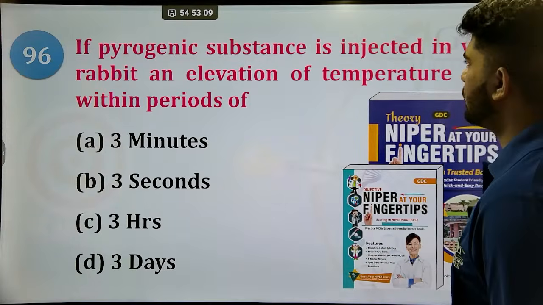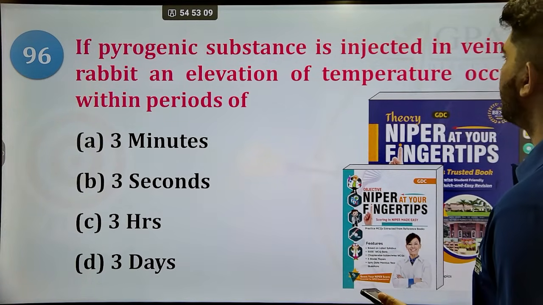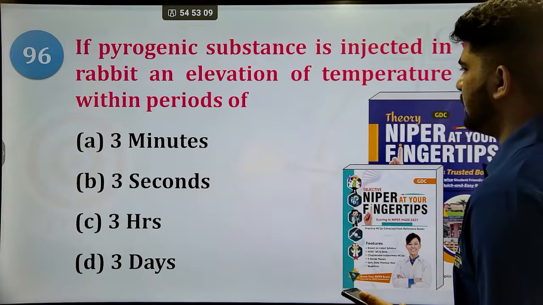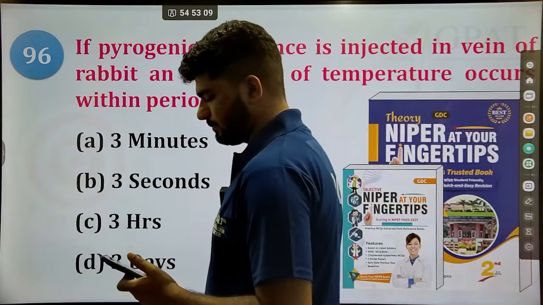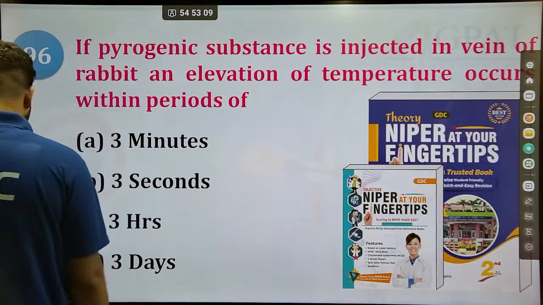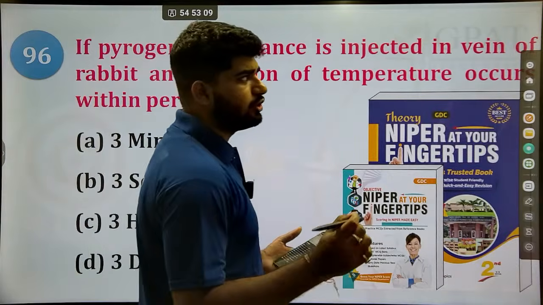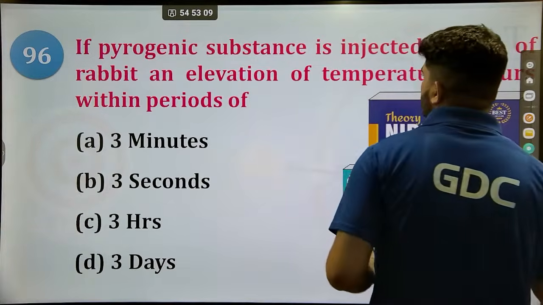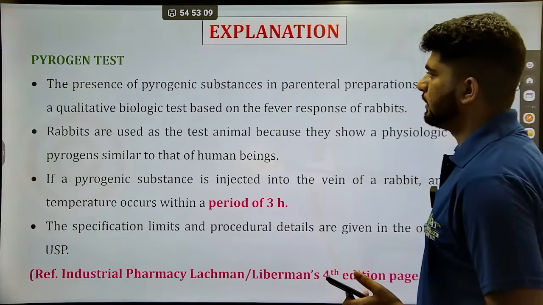Okay, now if pyrogenic substance is injected in a vein of rabbit and elevation of temperature occurs within a period of 3 minutes, 3 seconds, 3 hours or 3 days, that would be what? That's your 0.6 degree in 3 hours only over here.